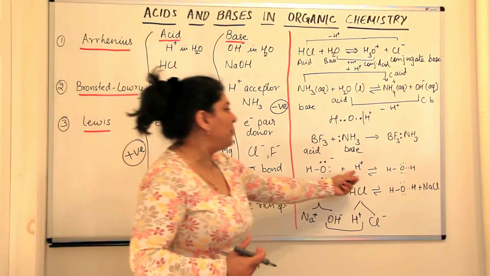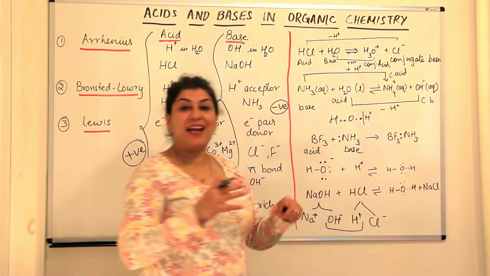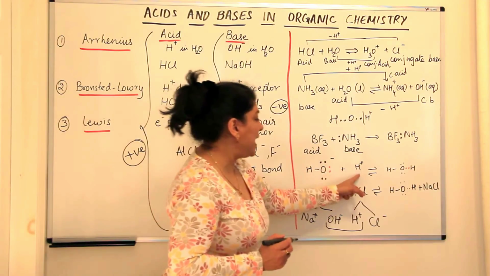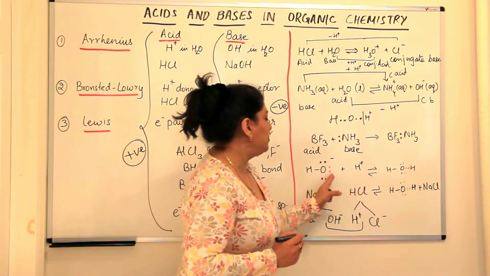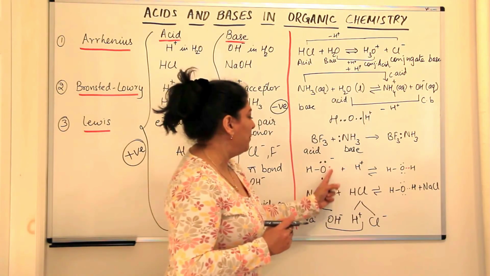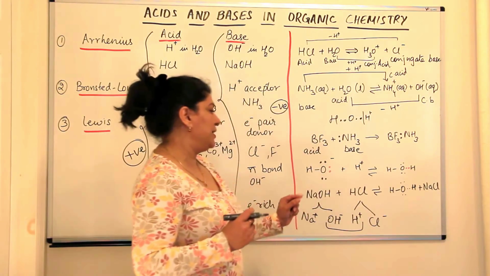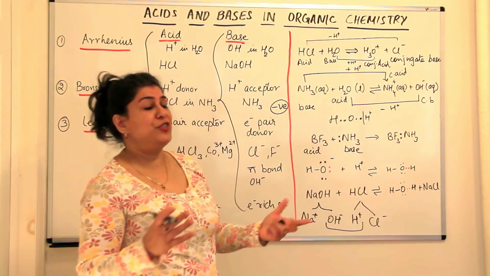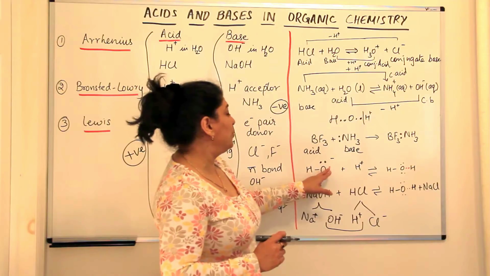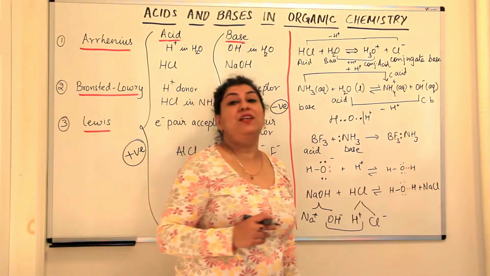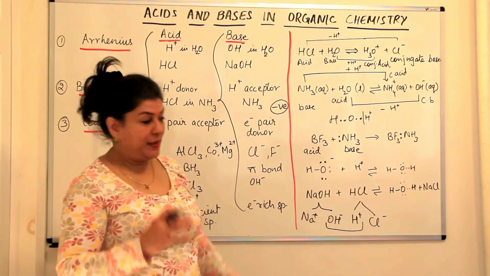So it attacks the proton here, and when it attacks the proton here, what is it doing? The OH negative is attacking the proton and this pair of electrons is used. H was positive, and as soon as it combines with the OH negative, the one electron goes to H, the positive charge is neutralized, and as soon as the negative charge loses one electron, it is also neutralized and we get a neutral water molecule.